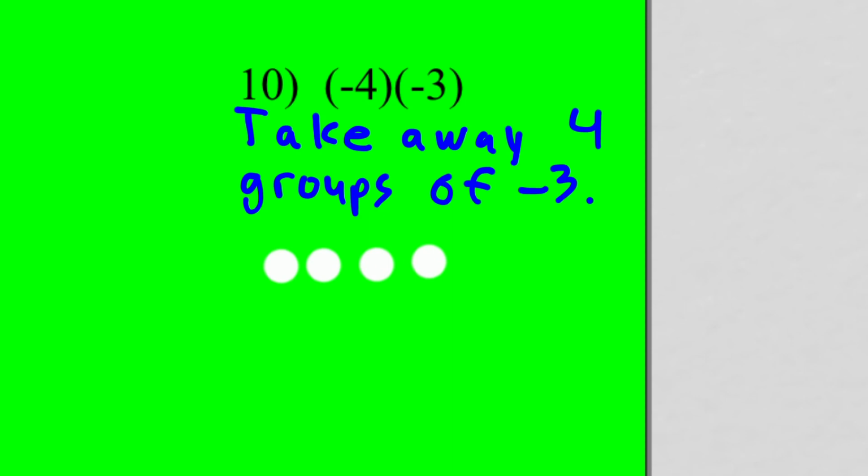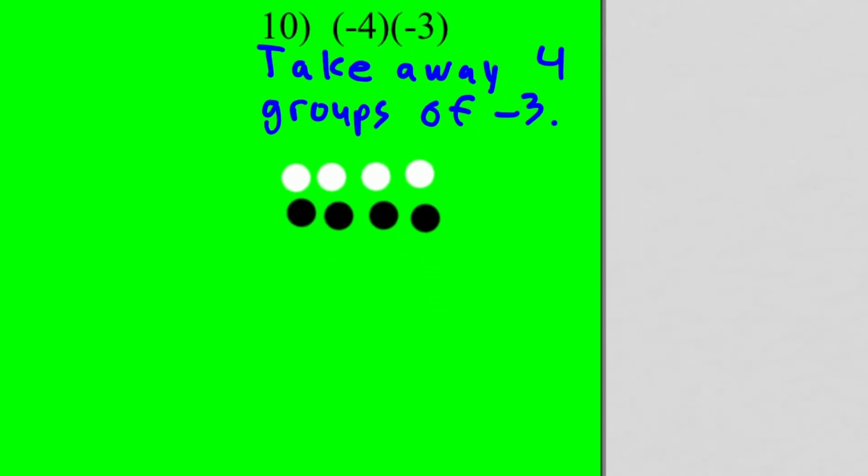But that's adding -3. So I balance it off with 0 pairs. Okay. Oh, that's wrong. Sorry, I want -3. So take one of those off. So I want 4 groups. I want to be able to take away 4 groups of -3. So there's 0. And I'm going to do this 4 times. Because I want 4 groups. But I don't want to be adding -3s. I just want to have 0.